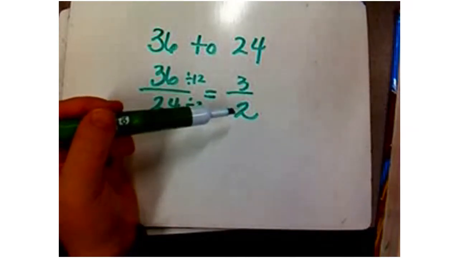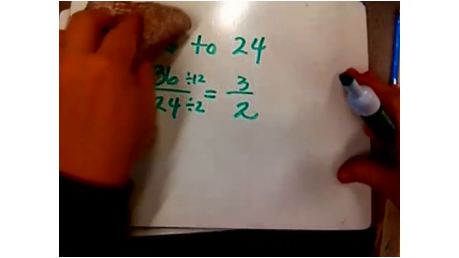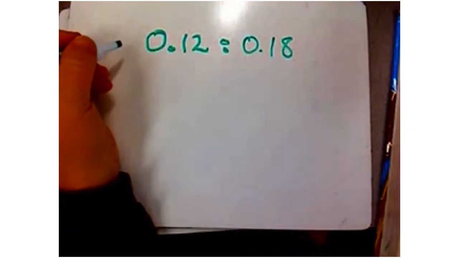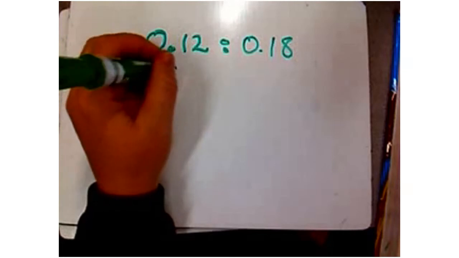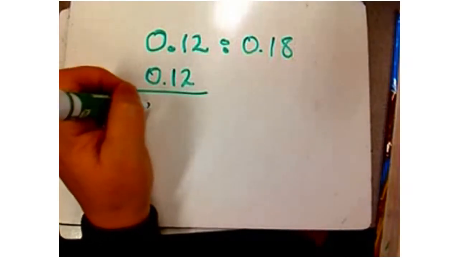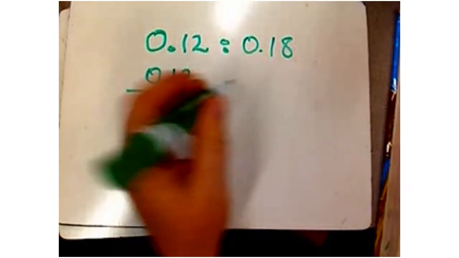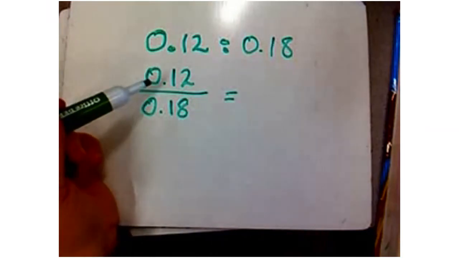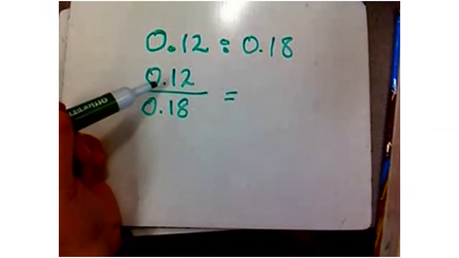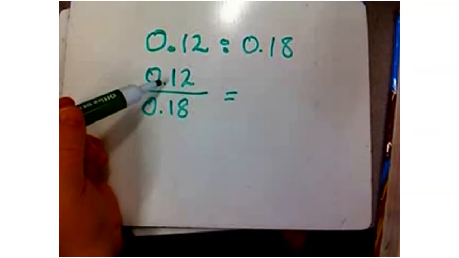All right, so you'll practice simplifying your ratios. Also, you might see decimals like 0.12 to 0.18. This is on page 450. So just write it as a fraction, 0.12 over 0.18. The first thing you're going to need to do is build these up so that they're whole numbers, so that you can simplify them.